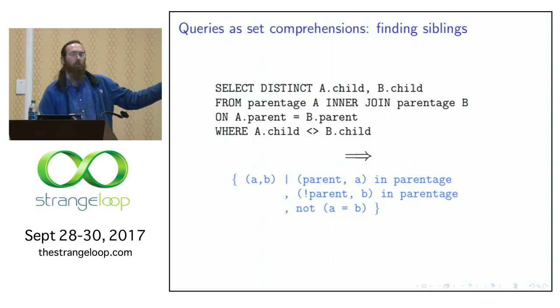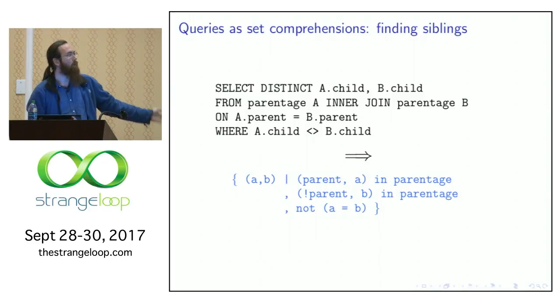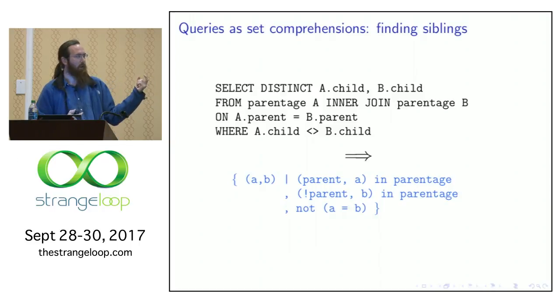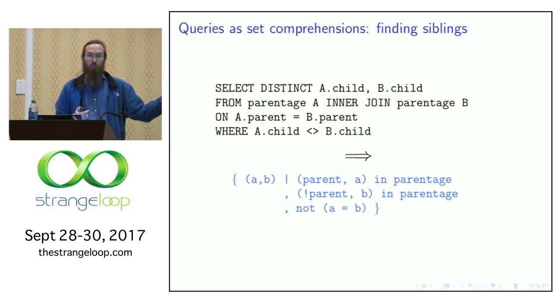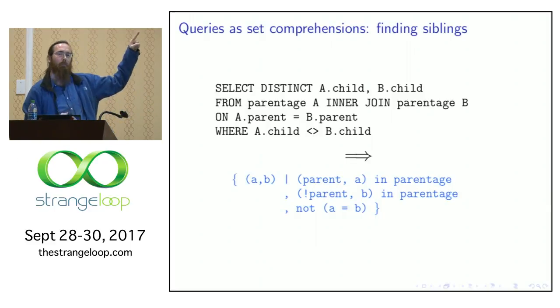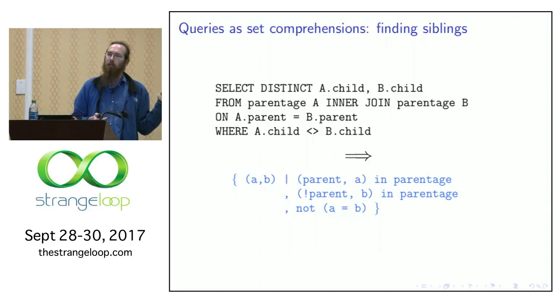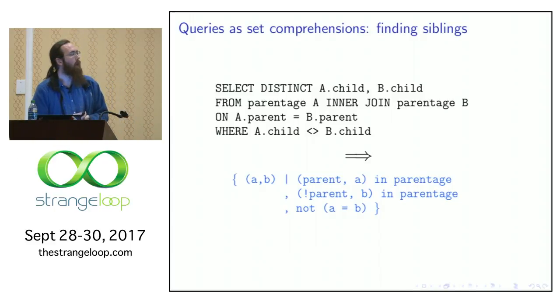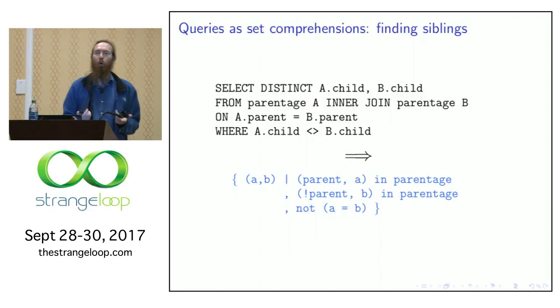And below is how you would write that as a set comprehension, right? So find me an element parent comma A in our parentage set. Find me an element parent comma B where that parent is the same as the previous parent, which is what that exclamation mark means. It's just syntax sugar for an equality test. And make sure that A isn't equal to B, because we don't want to say that a person is their own sibling.